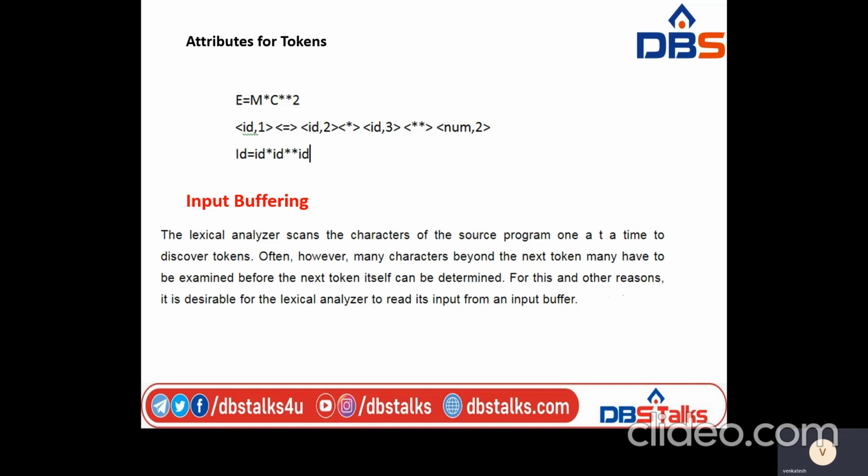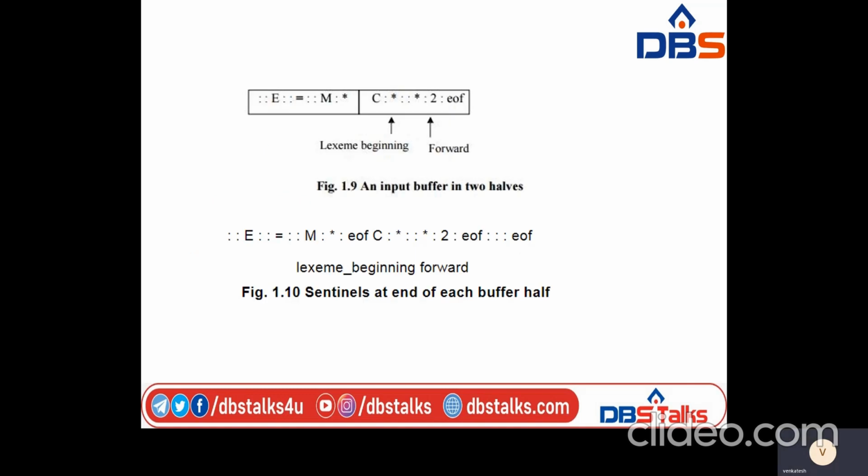The second one is the pointer forward. What is the purpose of lexeme begin? It marks the beginning of the current lexeme. The pointer forward scans forward until a pattern match is found.